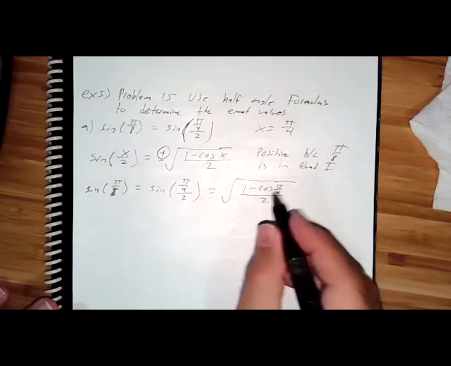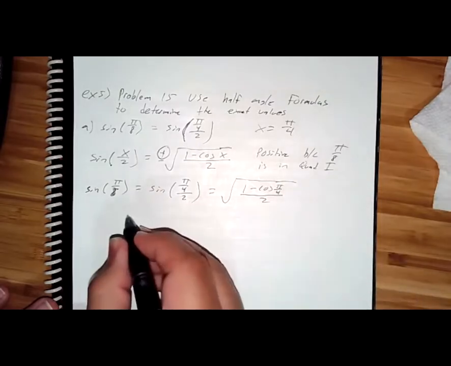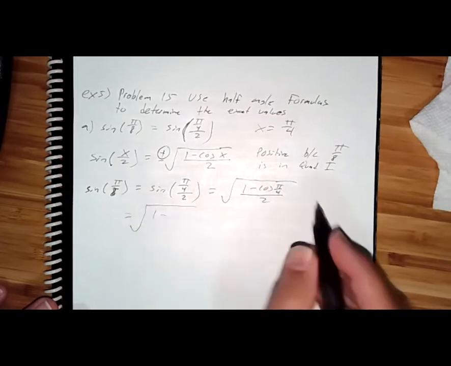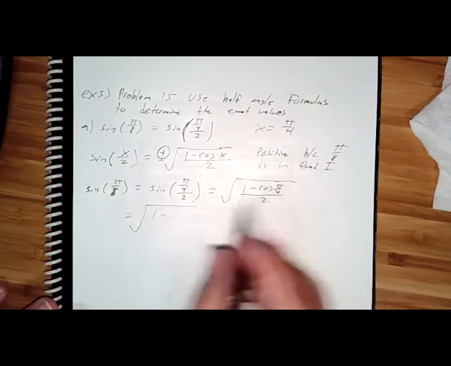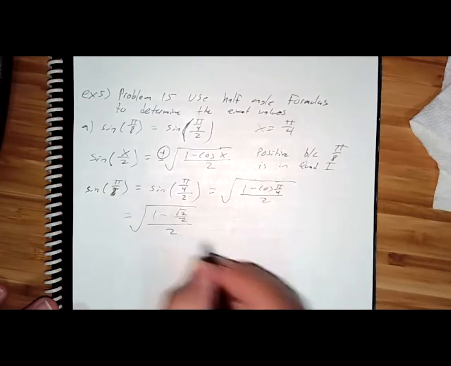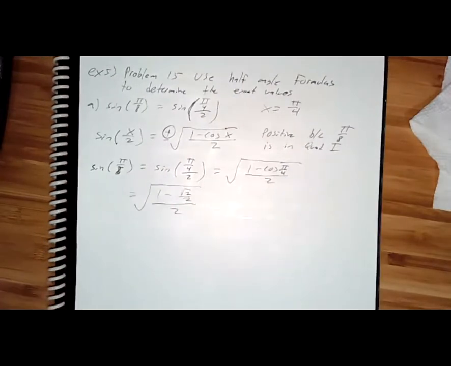So now we just plug it in and we're done. That'll be 1 minus cosine of pi fourths, which is square root 2 over 2, all over 2. And that's pretty much the answer.